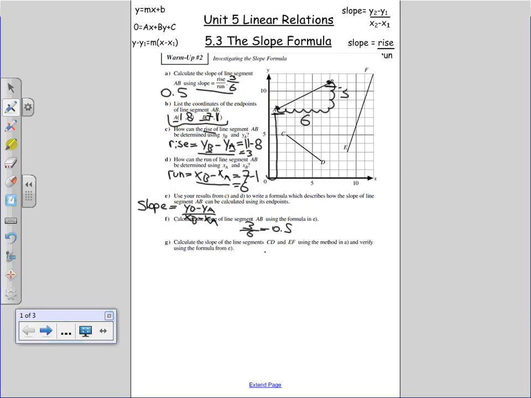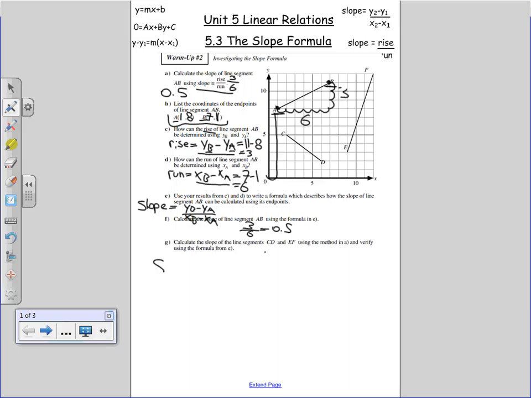Yeah. So calculate the slope of line segments CD and EF. We'll just do CD, just to go a little bit quicker. So, label one of these points as your first one and as your second one. We'll do this one as our first one. That'll come first.